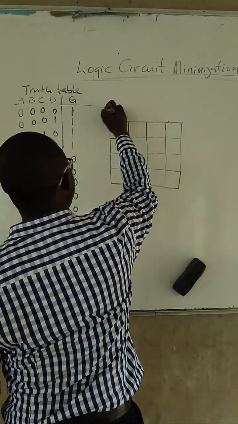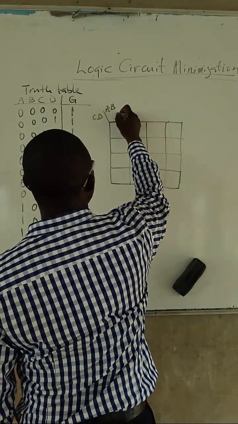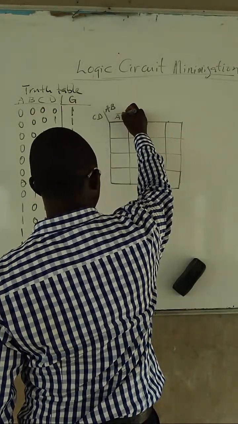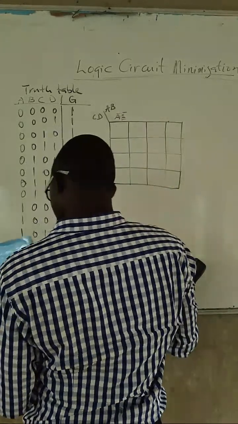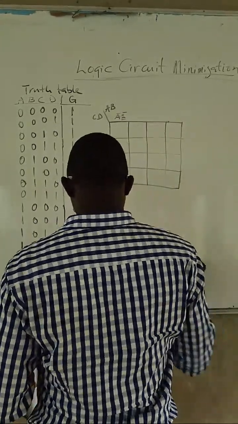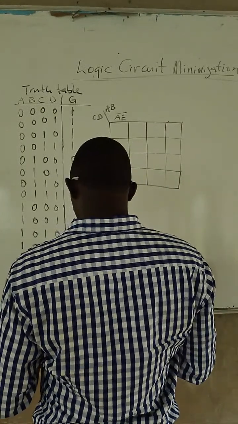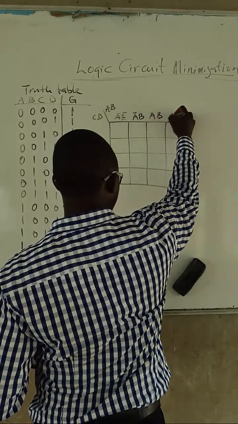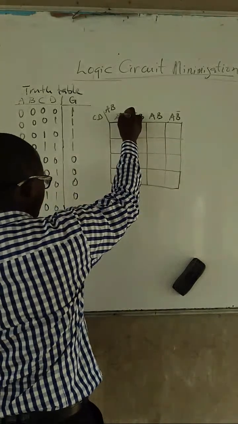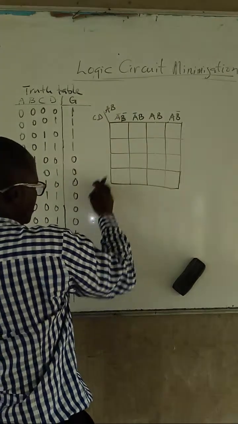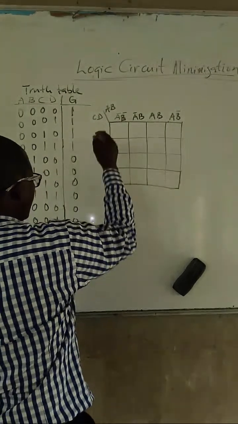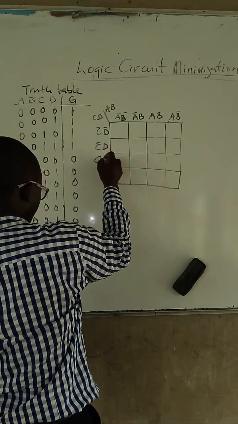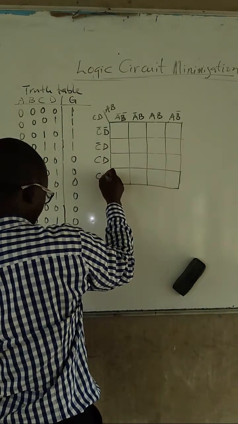Here will be A, B, and here will be C, D. For A, B, we are going to have A bar B bar, next A bar B, then A B, then A B bar. That's for the columns. Now for the rows, we're going to have C bar D bar, C bar D, C D, and C D bar.